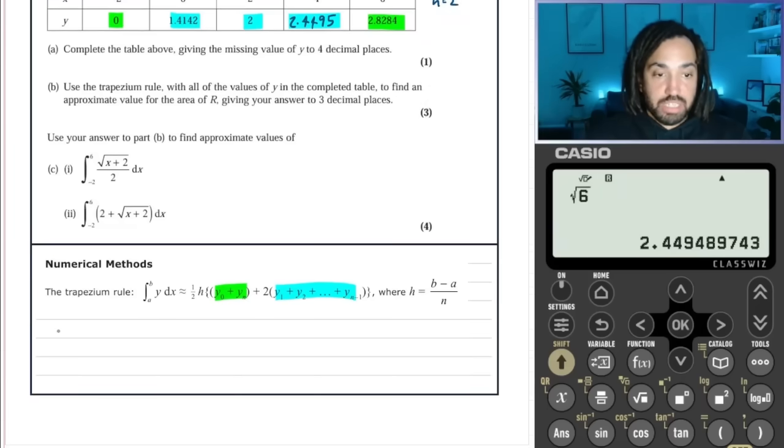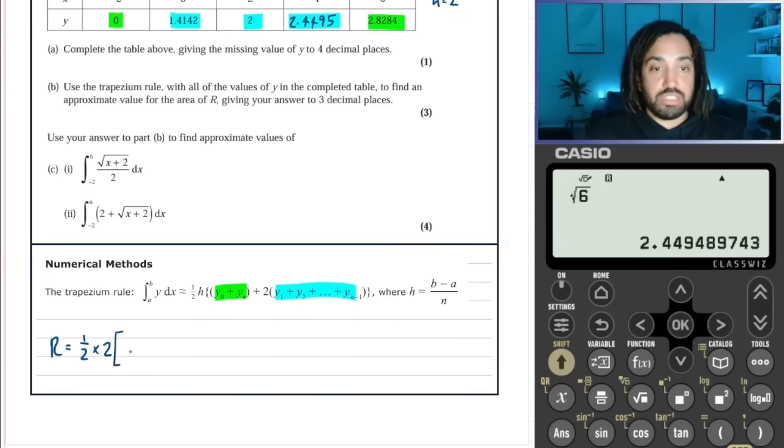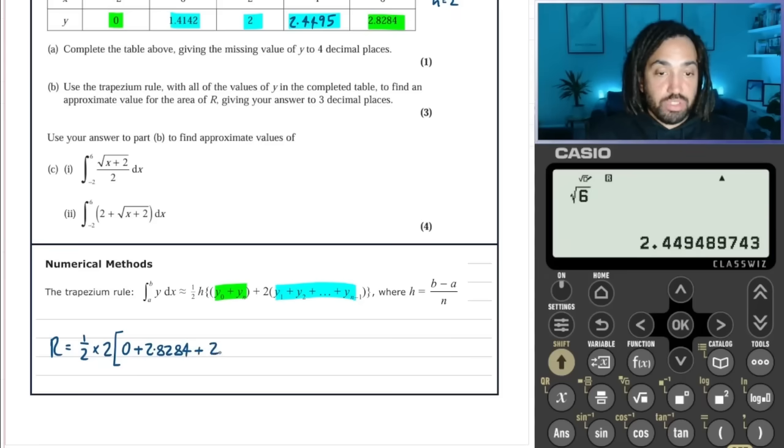Okay, so we can say then that R is equal to a half times by the height, which is 2, open brackets, the two green ones, which are 0 and 2.8284, plus 2 lots of the blue ones, which are 1.4142, 2, and 2.4495, close brackets.